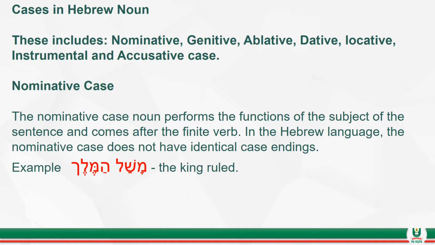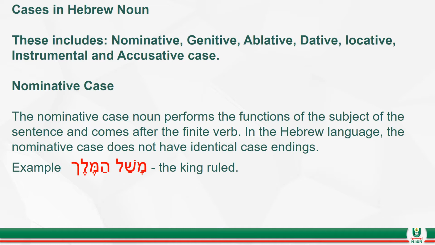The nominative case performs the function of the subject of the sentence and comes after the finite verb. In Hebrew language, the nominative case does not have identical case endings as we have in Greek language.